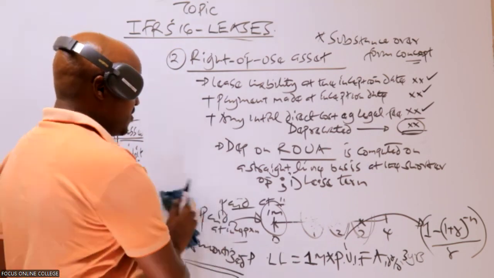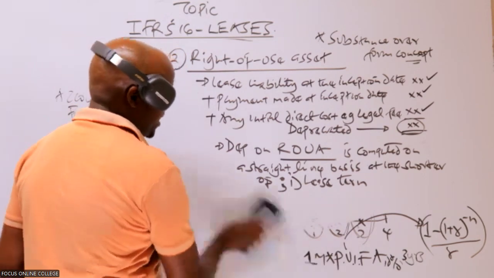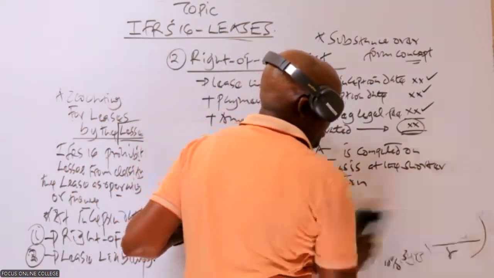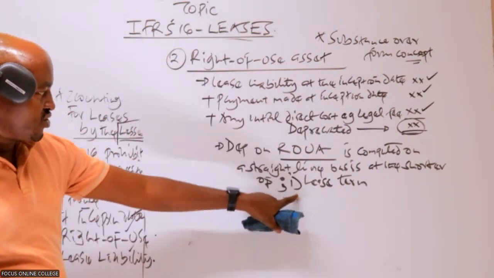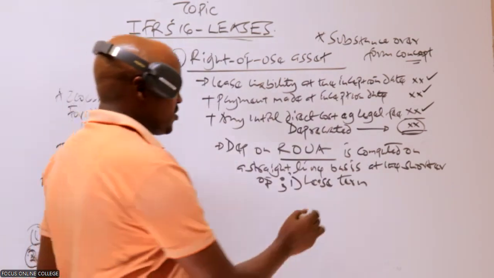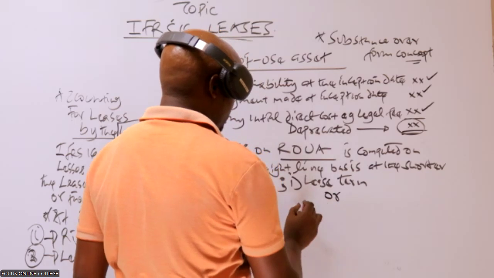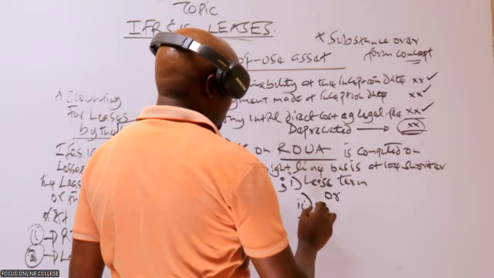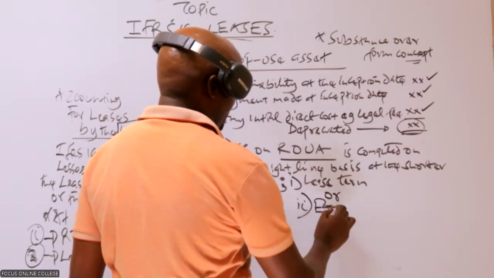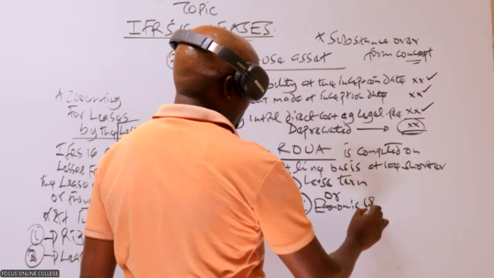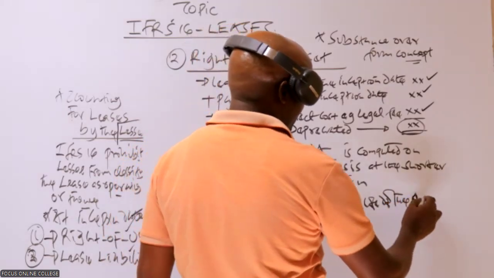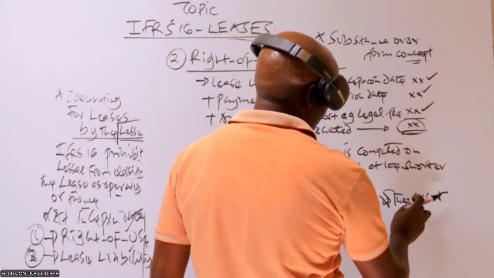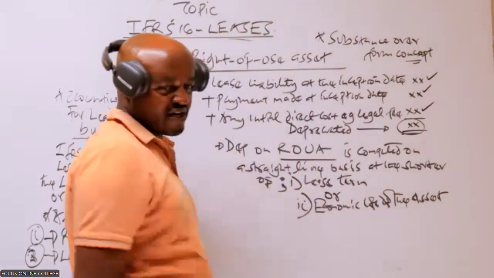So we take the shorter of the lease term or, two, the economic life of the asset, or in other terms, the remaining economic life of the asset.